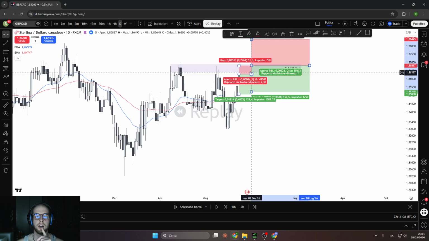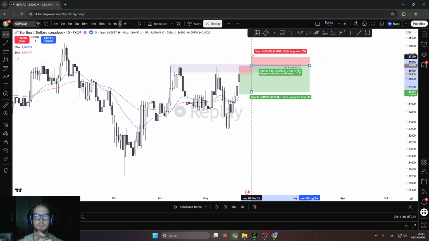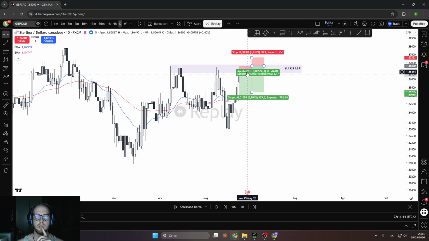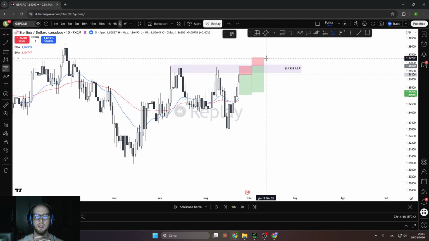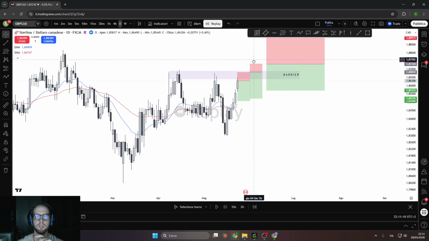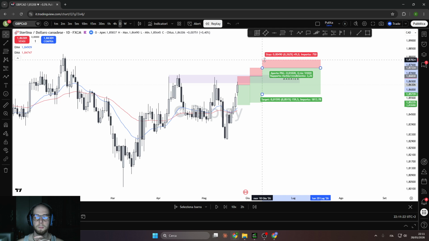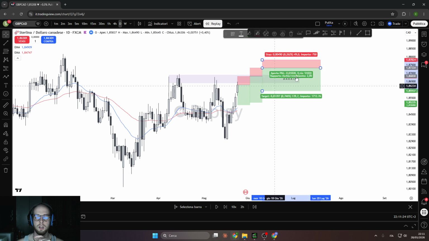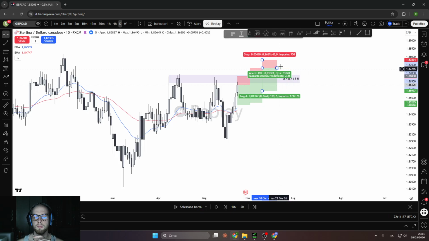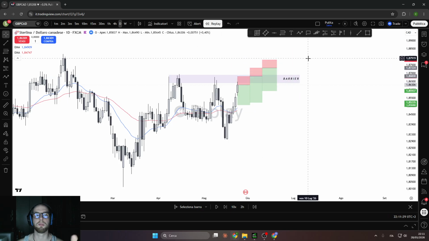I'll put another position here, and if price keeps going higher, I will enter another sell position at 50 pips in this case. I will keep adding to my position with the same position size.